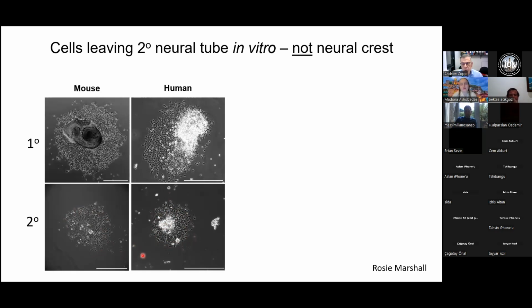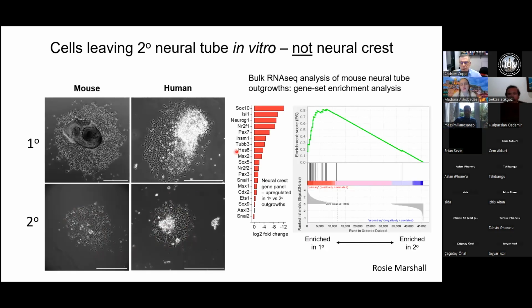So we wanted to do some molecular analysis here, and Rosie has done RNA sequencing. So this is essentially gathering these cells, removing the neural tube fragment, and taking these individual cells, extracting RNA from them, and then sequencing from the cDNA to understand which genes are being expressed in them. And she's done a great deal of analysis of this. I'm just showing you a very small part of her analysis.